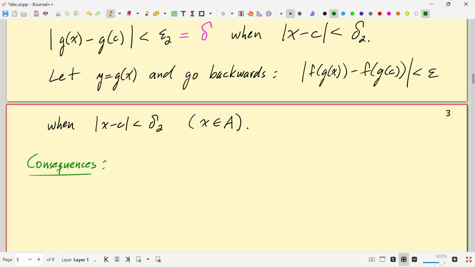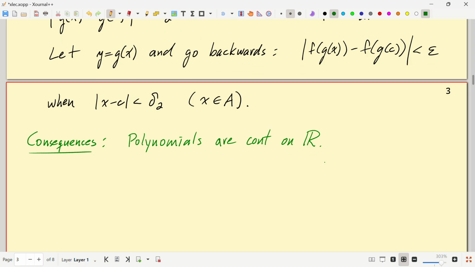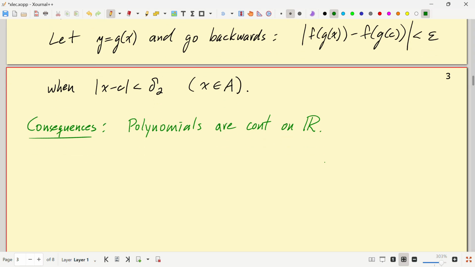An obvious consequence is that polynomials are continuous. And if I was going to write a full-blown proof of that, all you'd have to check is that x is continuous.